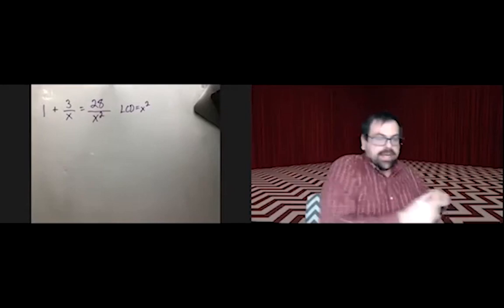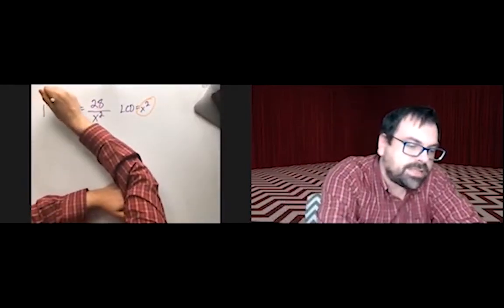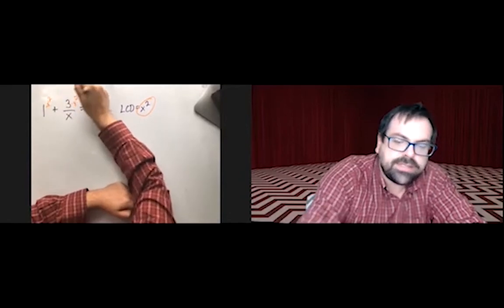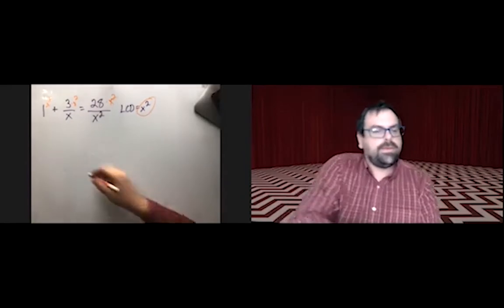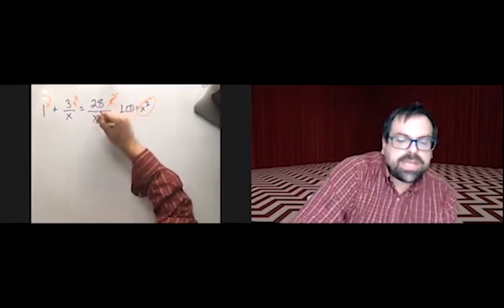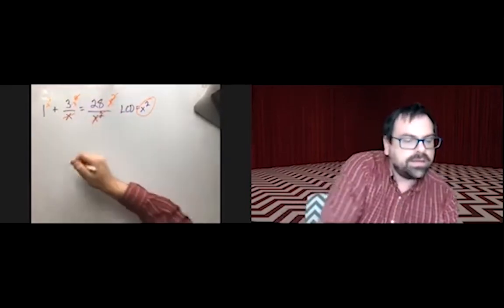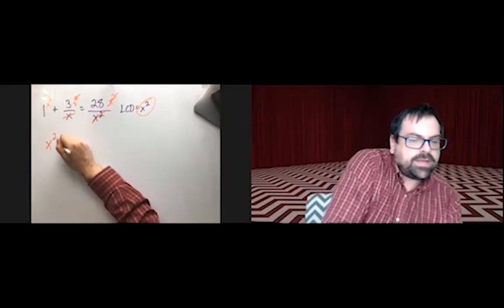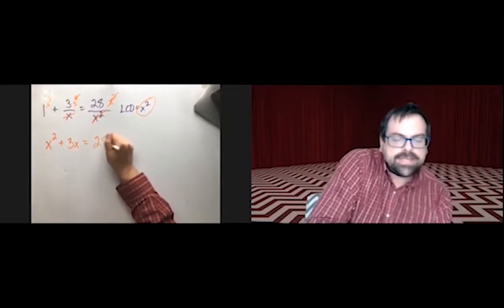So we're going to take that LCD and multiply it everywhere: times x squared, times x squared, times x squared. The x squareds cancel there. One of the x's cancel here. We have x squared plus 3x equals 28.